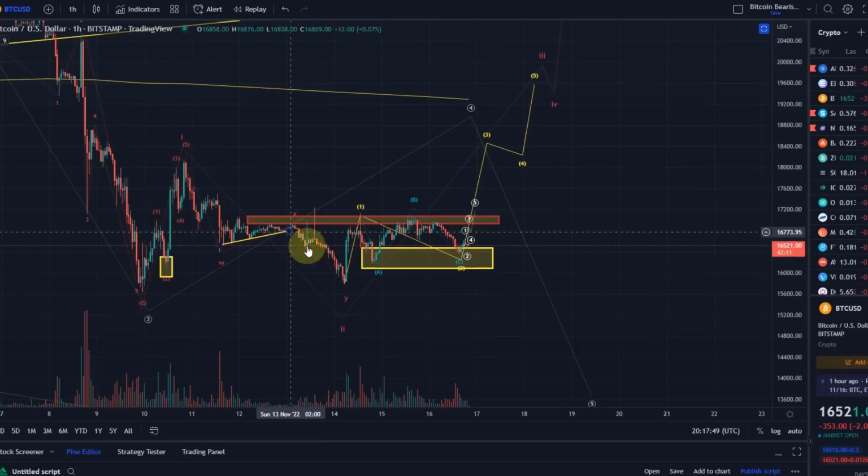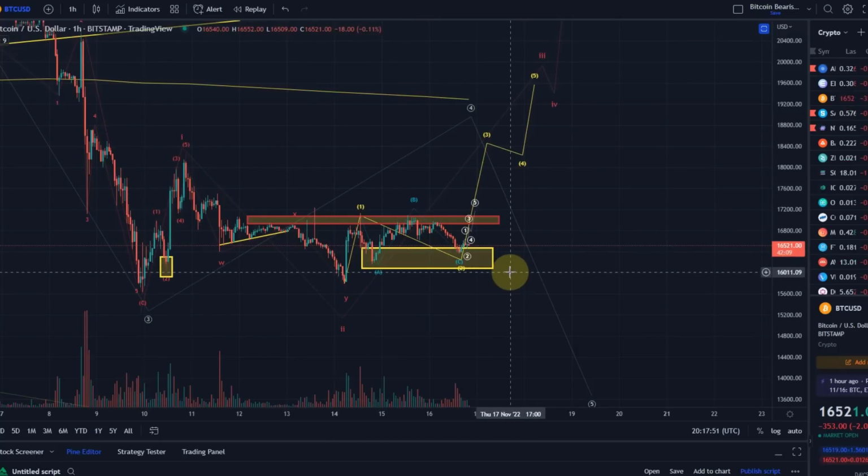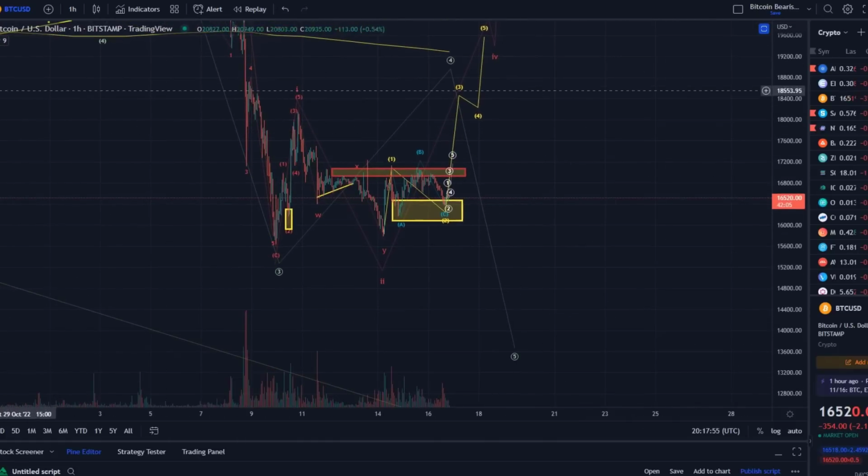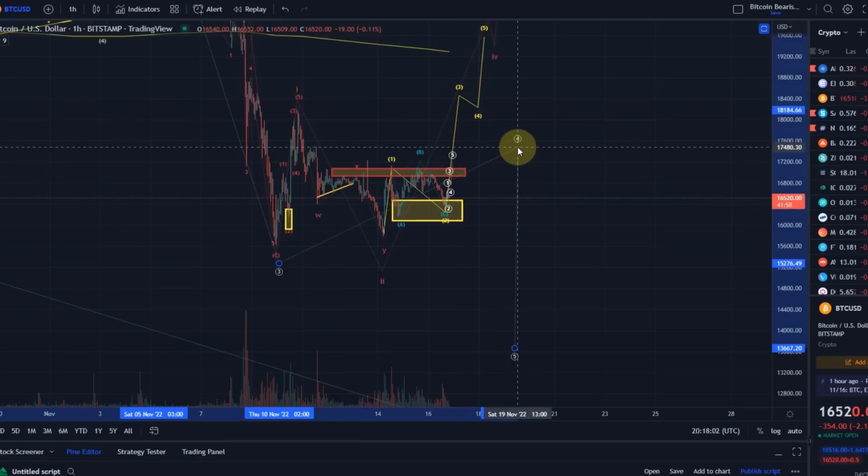Now, all of this could also move in a larger triangle. That's possible as well. If this is indeed a large triangle that we're putting in place, then this could be a wave 4 and would eventually subdivide in a 5th wave to the downside.